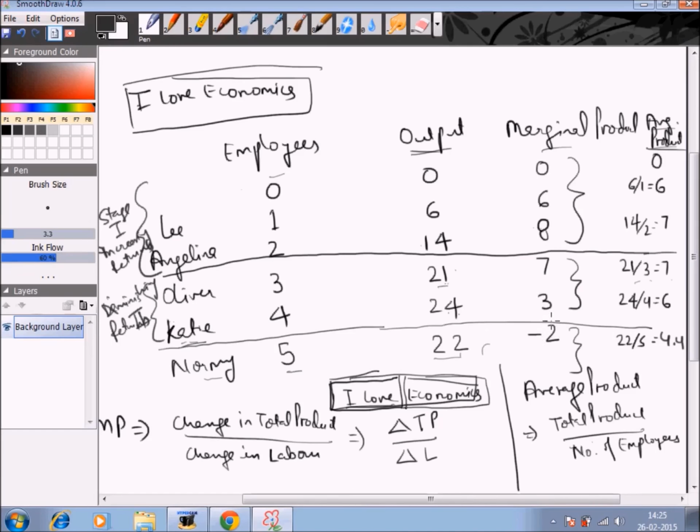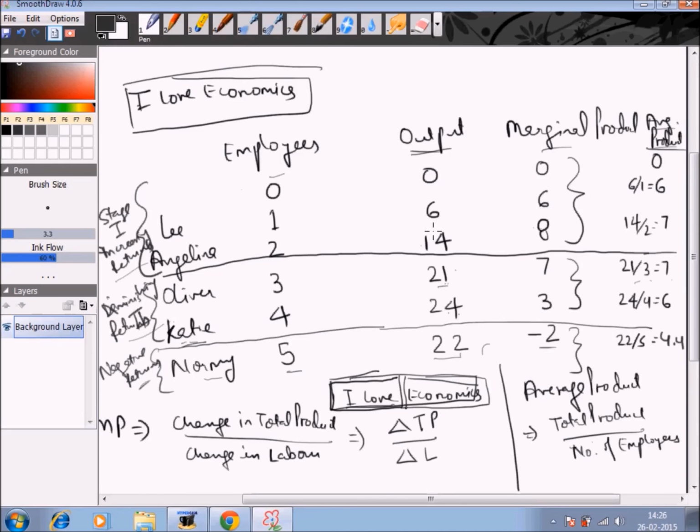Now after this stage, the marginal productivity became negative. So this is the stage of negative returns. So we get 3 stages: increasing returns till the point when marginal productivity was increasing, then diminishing returns till the point when marginal productivity started going down, and as soon as the marginal productivity becomes negative, it is the stage of negative returns.